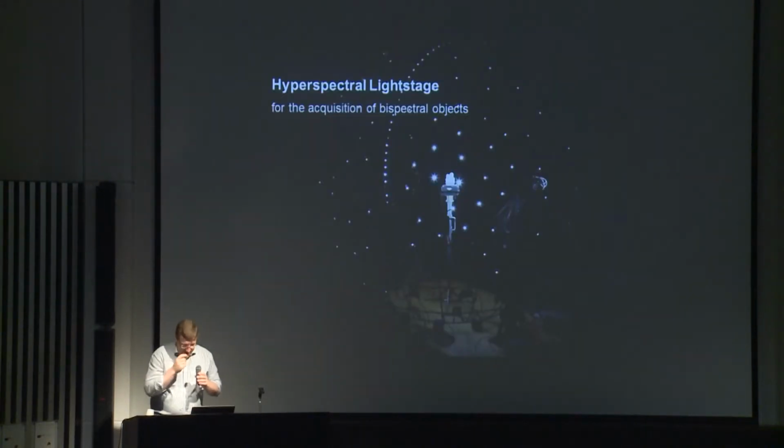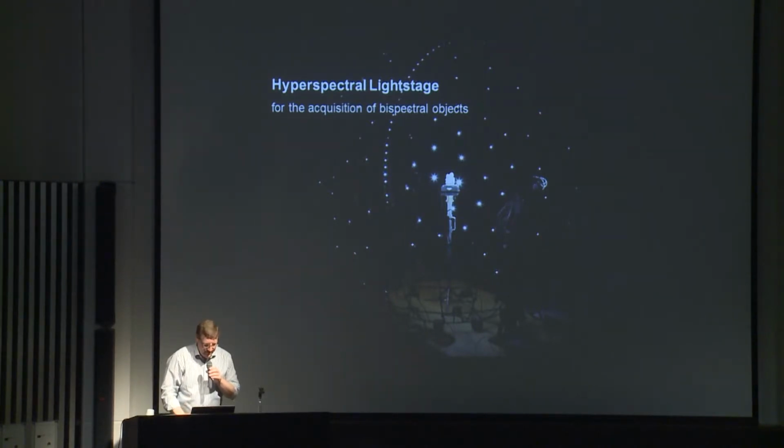What we have since tried to do is build a measurement device which allows us to acquire spatially varying materials, or fluorescent scenes, actually. So we have this light stage. Light stages have been developed by Paul Debevec for capturing reflectance fields.